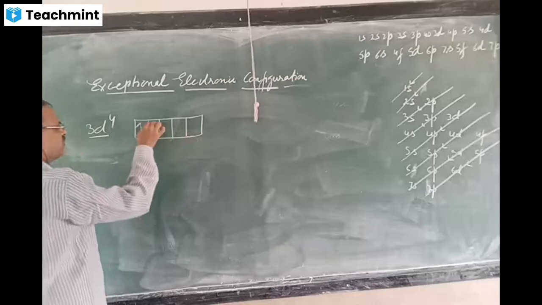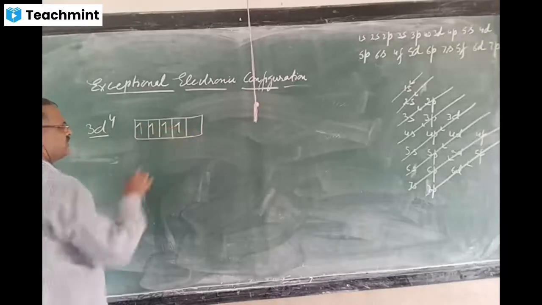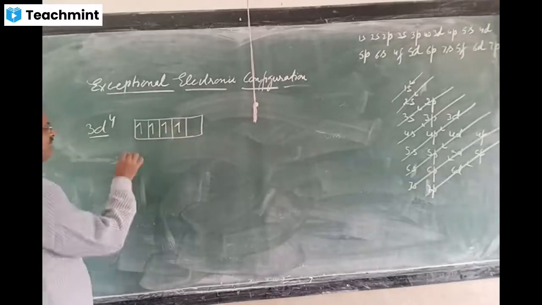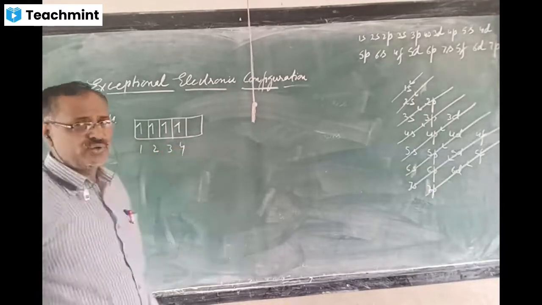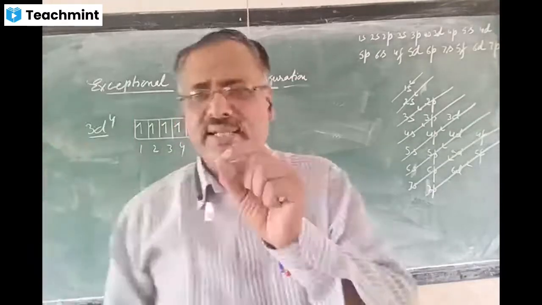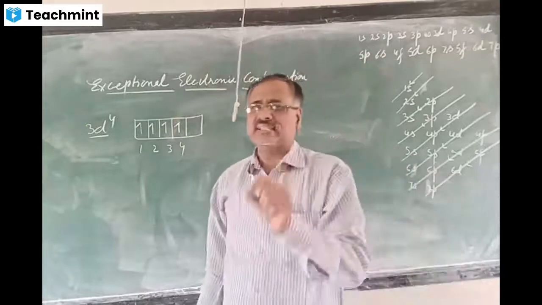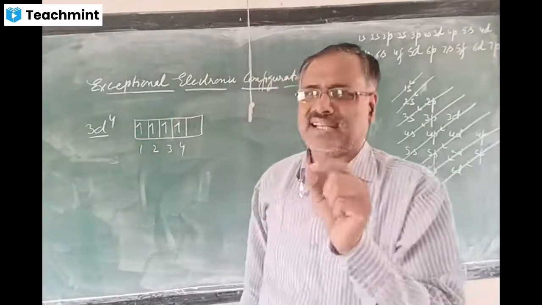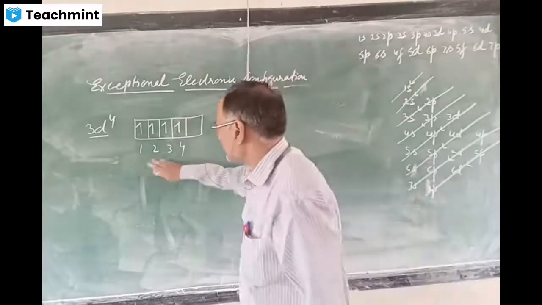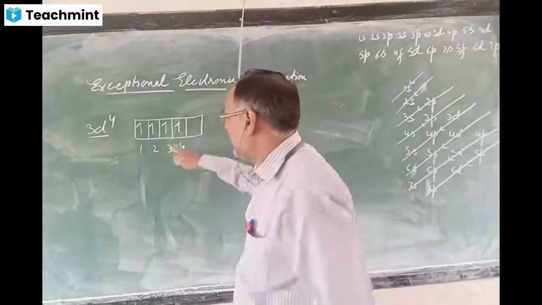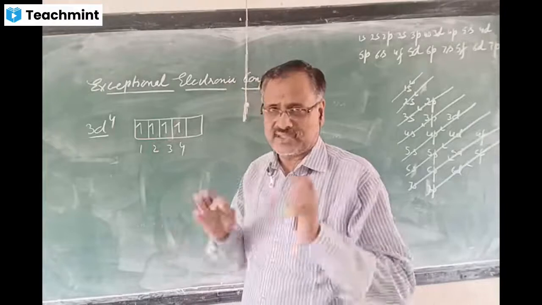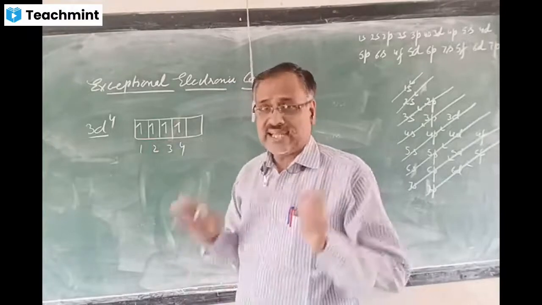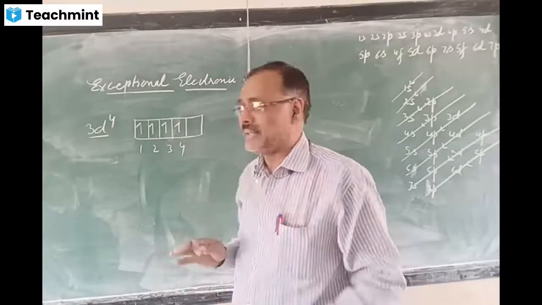One, two, three, four. You can number them 1, 2, 3, 4. These 4 electrons are there. It is written here that parallel spin electrons are in degenerate orbitals. So these are the parallel spin electrons and all these orbitals have the same energy, so they are called degenerate orbitals.